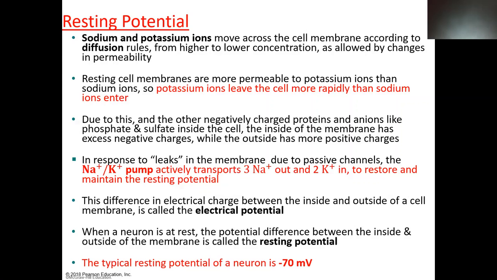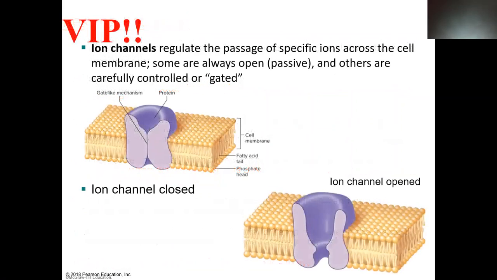Okay, so whenever we're looking at that cell, there are these things that are called channels. These ion channels are very important because they will regulate the passage of specific ions across that membrane. Make sure that you see here, some are always open.